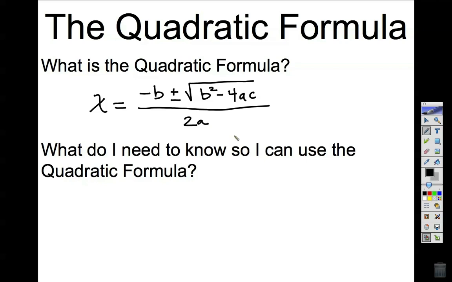So what exactly is it that you need to know in order to use a quadratic formula? Your equation needs to be in standard form. Alright, that means that your equation is going to be in this form.